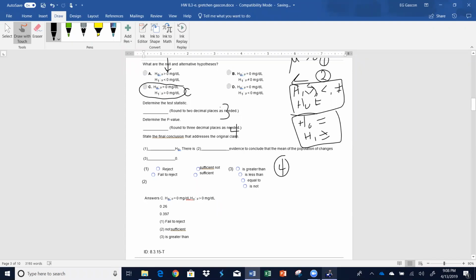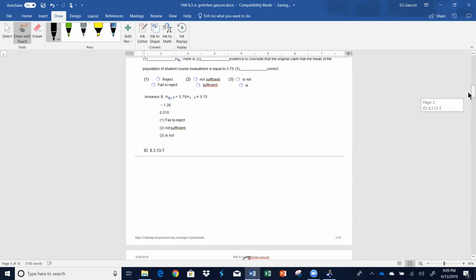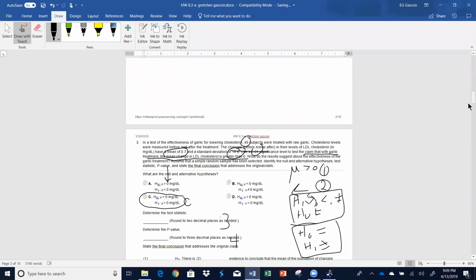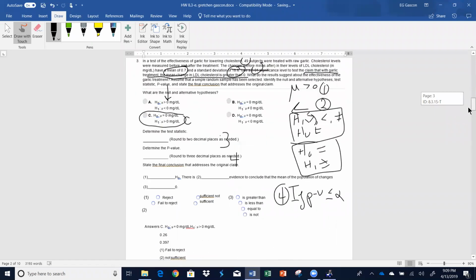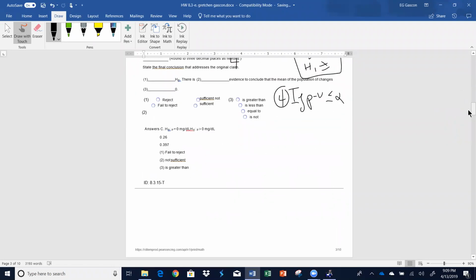So if the p-value is less than or equal to alpha, and in this particular case, alpha was 0.01, the significance level, that's what alpha is, you reject the null hypothesis. If the p-value is greater than alpha, you fail to reject.